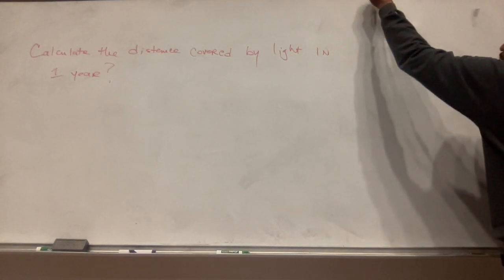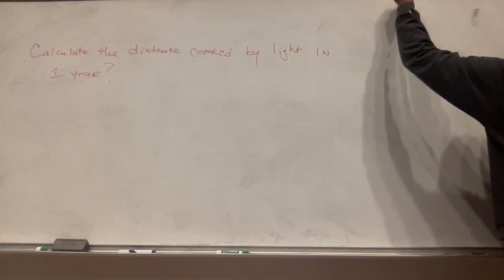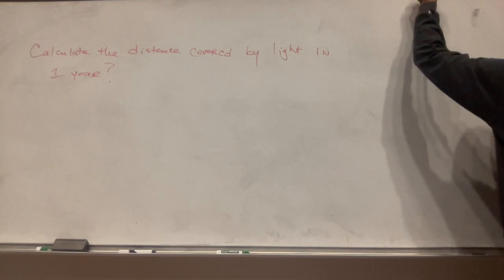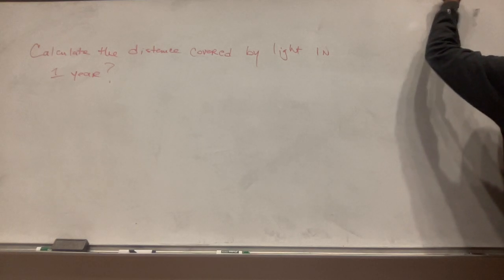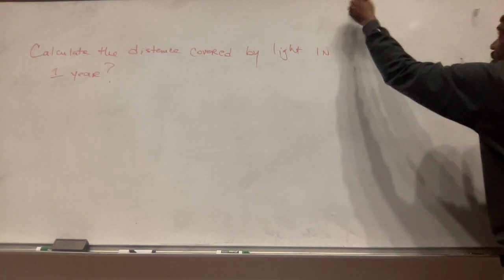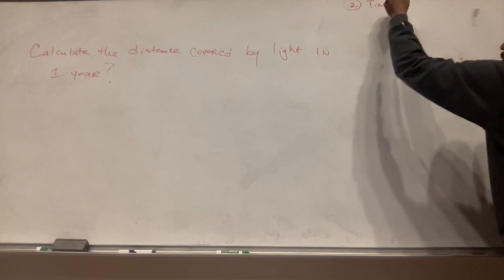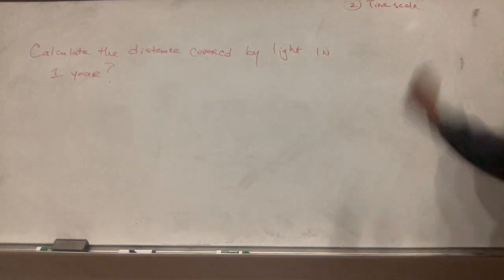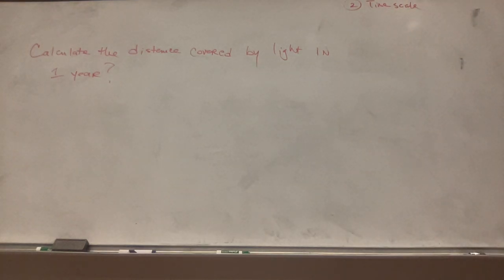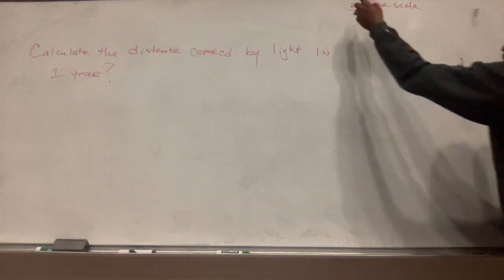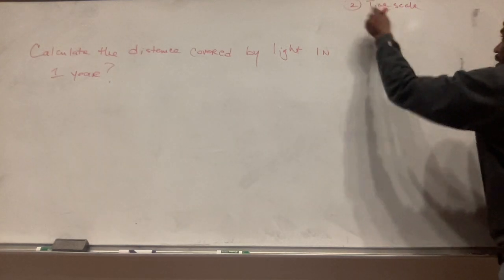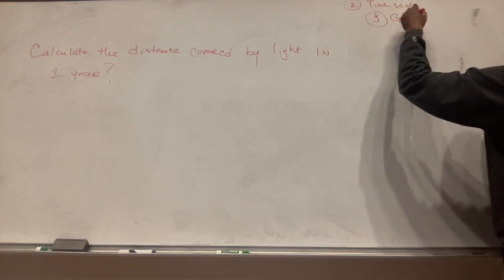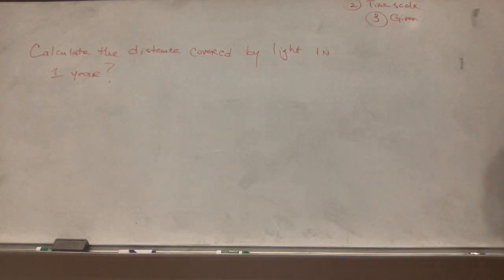Identify the problem. What are they asking for? Two is the time scale. What time scale do things occur on? Three is givens. Those are things that are given to you in the problem.